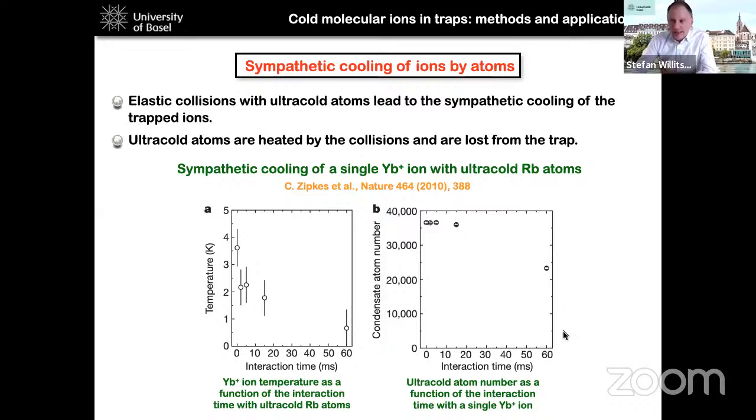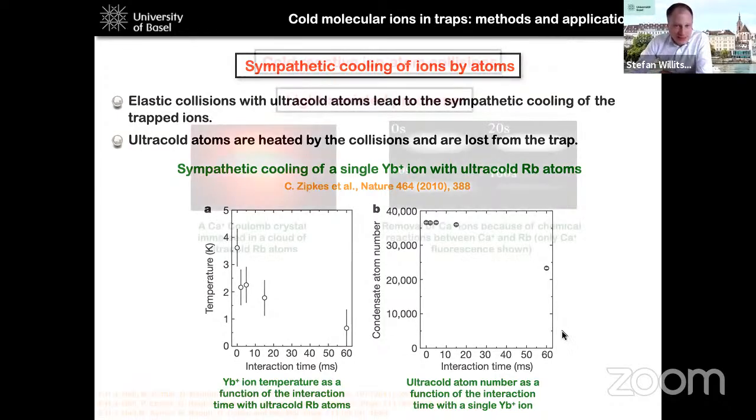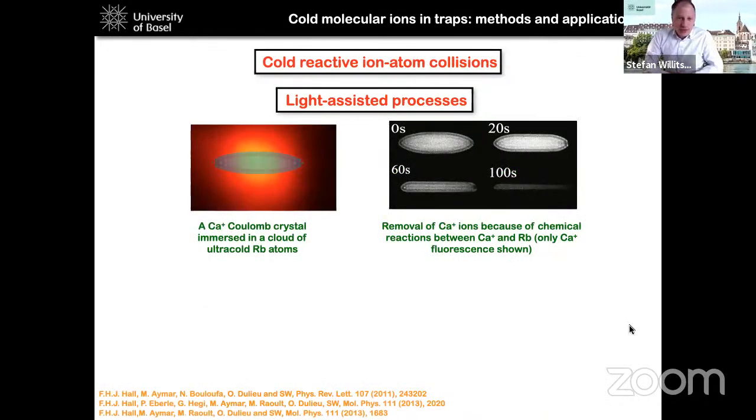Okay, so those are simple elastic collision processes that can happen here. You can use these ultra-cold atoms to cool the ions, and you can also use the ions to eject atoms from the trap by elastic collisions. Now let's look at more gory phenomena.